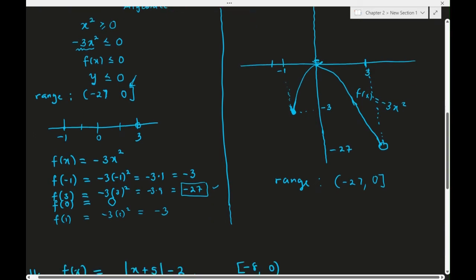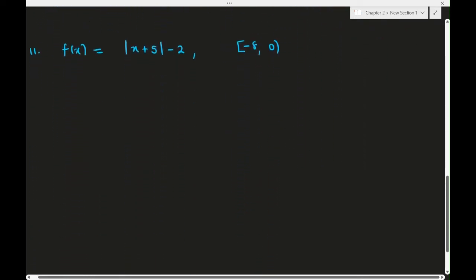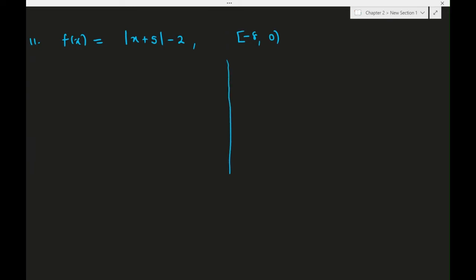So let's move to number 2. Now, for number 2, we're dealing with an absolute value function, right? So let's also use two methods. What is the first method? It is to use what we know about an absolute value. We know an absolute value of x is always greater than or equal to 0.